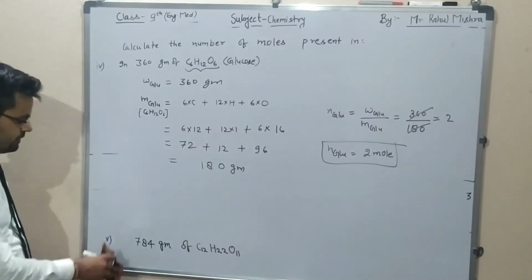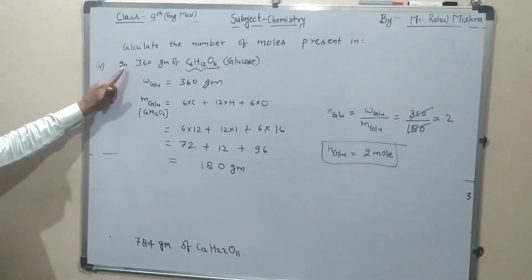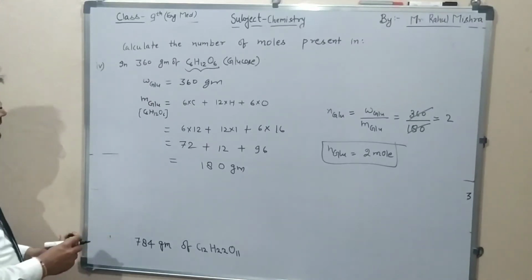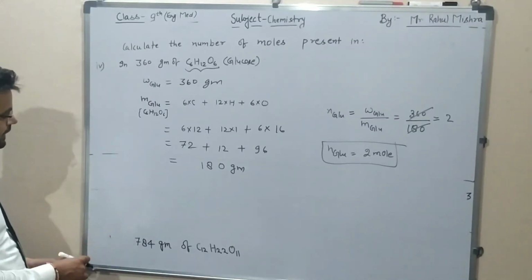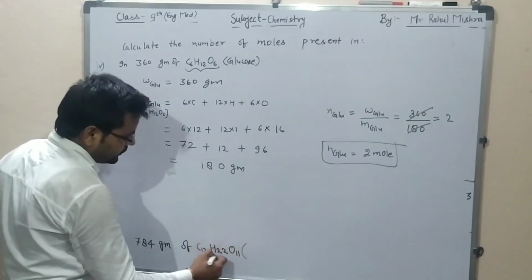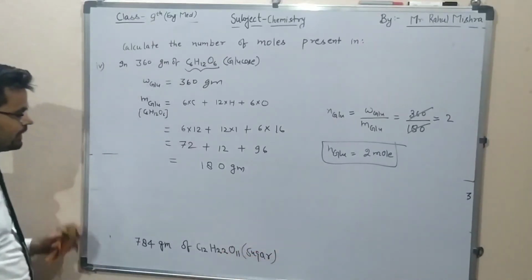Now the last question is, I hope you have noted it. Now the last question is, in 784 gram of sugar or C12H22O11. This is your last question.